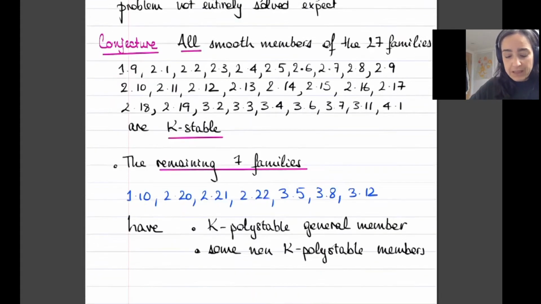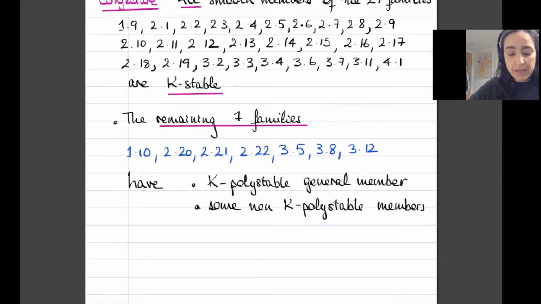Now, for the remaining 7 families, so these are families 1.10, 2.20, 2.21, 2.22, 3.5, 3.8, and 3.12, we know that these families have K polystable general member, but they also have some non-K polystable members. And I'll talk a little bit about some of these families.